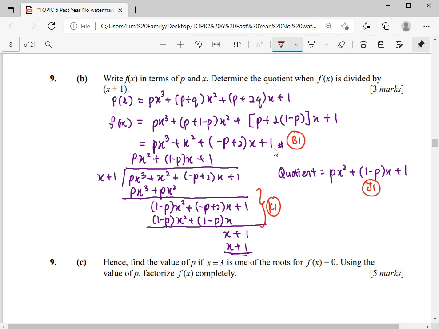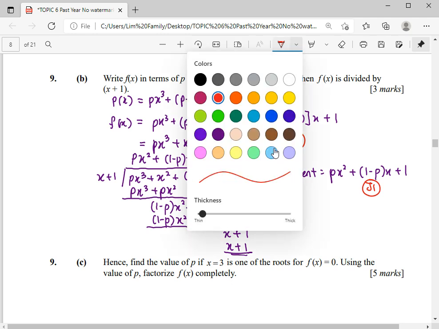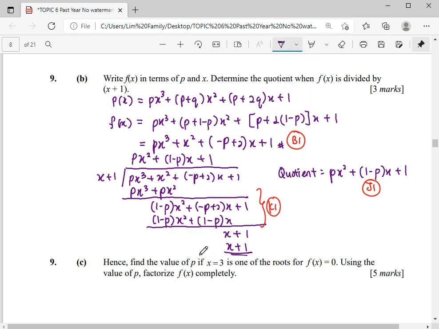So we continue to our part C. They say hence find the value of p if x equals 3 is one of the roots for this polynomial f(x) equals 0. Hence, use the value of p to factorize this polynomial completely.